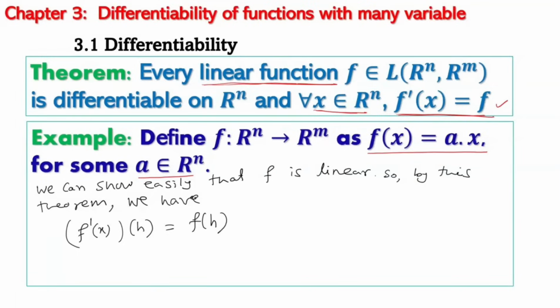Since f dash is a function from Rn to Rm, we take one h belonging to, so for all h belonging to Rn. So this is equal to a dot h.